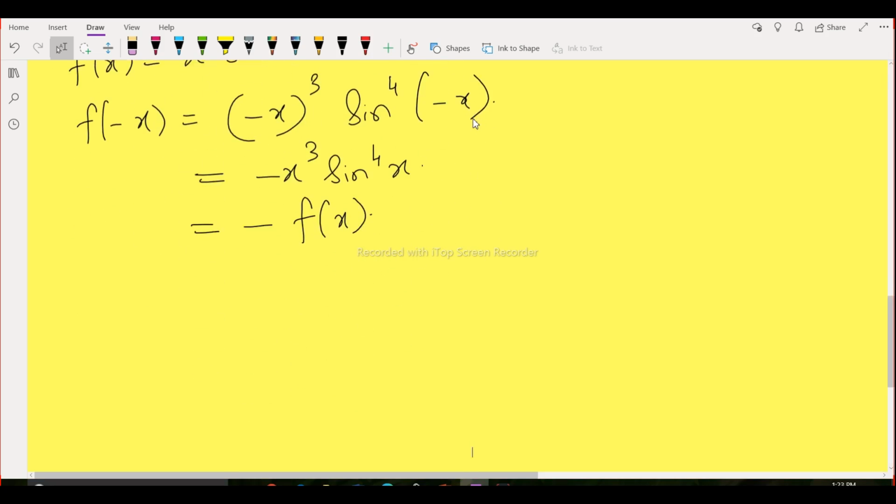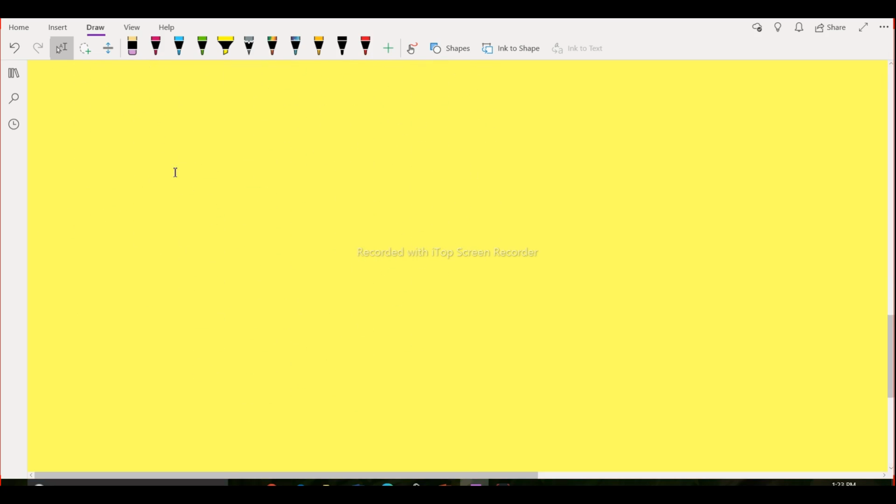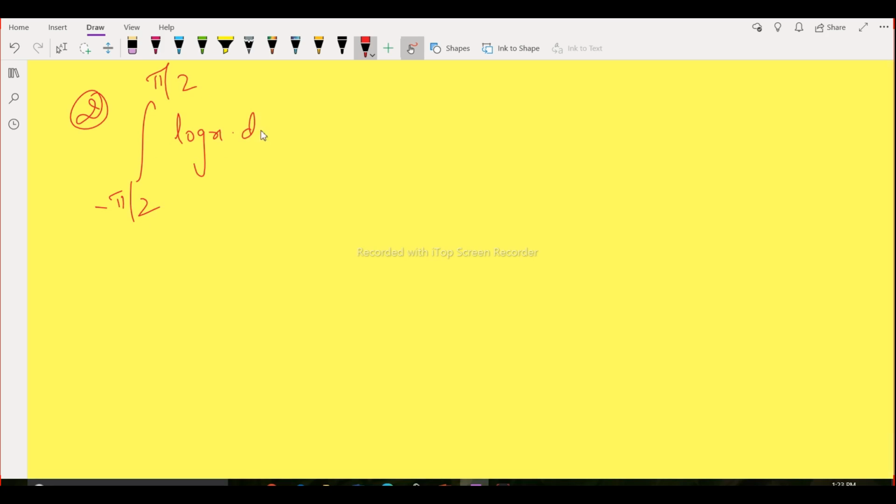Just make sure that you will not always get an even or odd function in such questions. Let's say, just as an example, the limits are minus pi by 2 to pi by 2 and you have log x. When you check log x, you'll realize that f(x) is equal to log x, and f of minus x is equal to log of minus x.